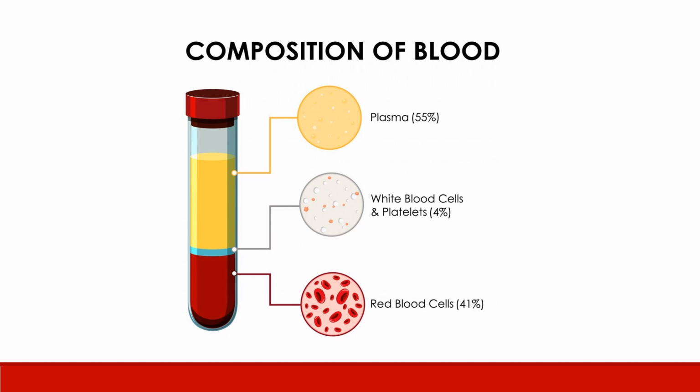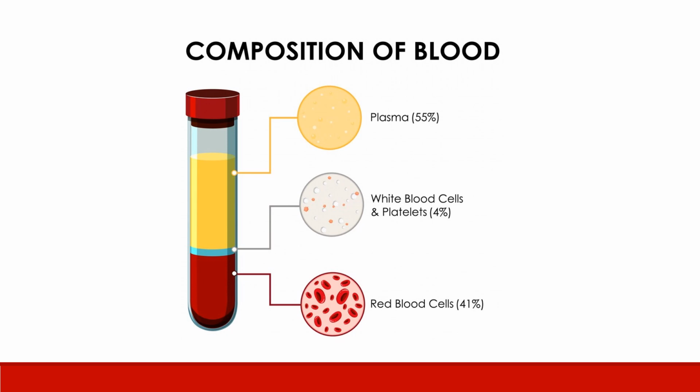All of that is really contained within the plasma. Then your formed elements of blood are your red blood cells, your white blood cells, and your platelets. And those are the things that we always look at when we're measuring our CBCs to look at lab results. And those are things that you would probably see given to patients when they're low.